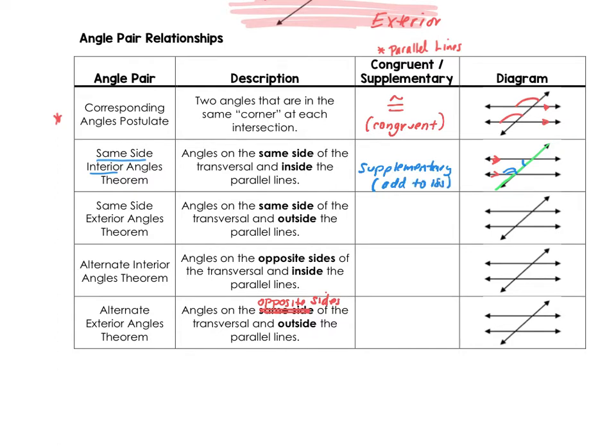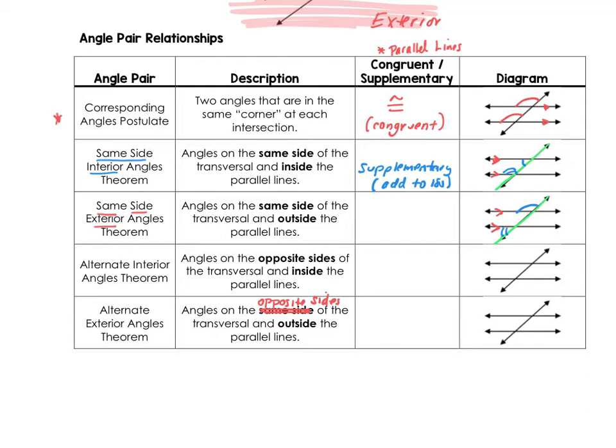Okay, so our next theorem, the same side exterior angles theorem. Again, if we're looking at our transversal, we're going to have both angles on the same side of that green line. And if we know our lines are parallel, then same side exterior angles would be this angle, a large angle, and this angle right here.